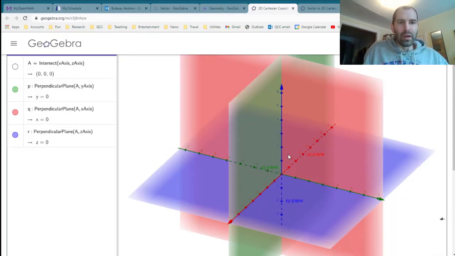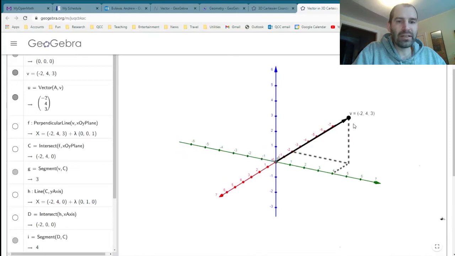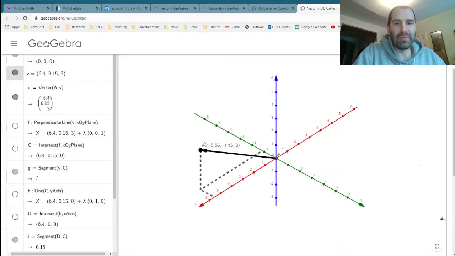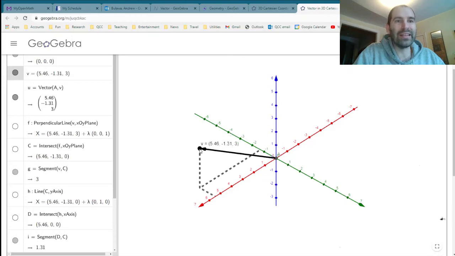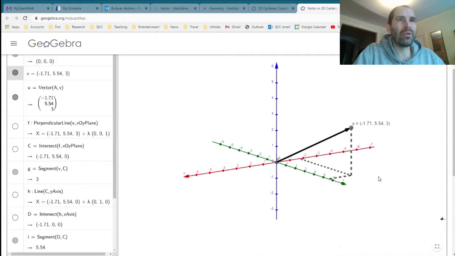Okay, so what about vectors in 3 dimensions? Let's take a look at that. Here we have the three-dimensional coordinate system, and I've got a vector plotted. Notice I can move this vector around. Now, it's not very easy to see exactly where this vector is unless I really start rotating the view around.